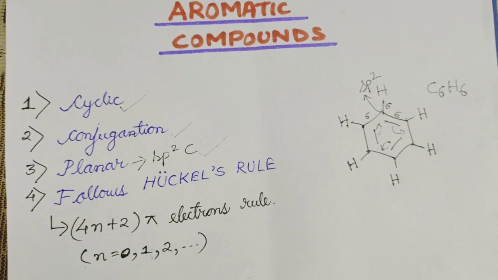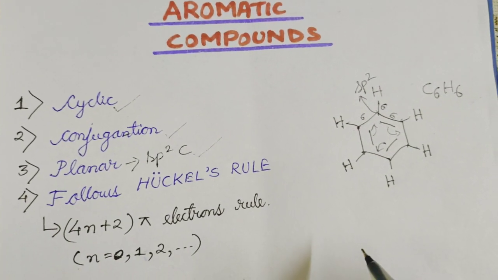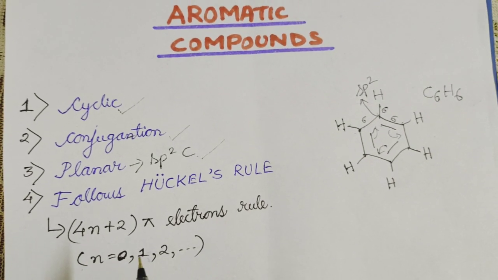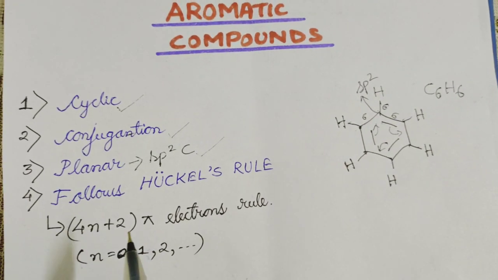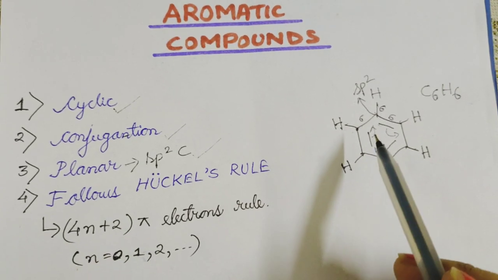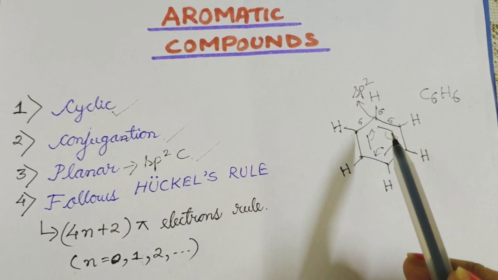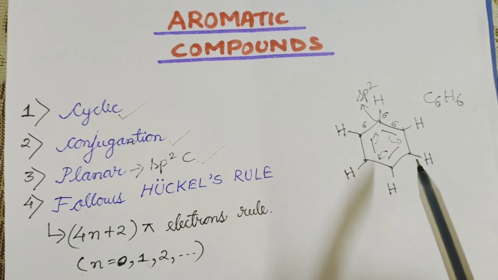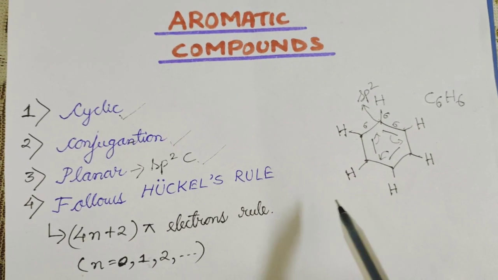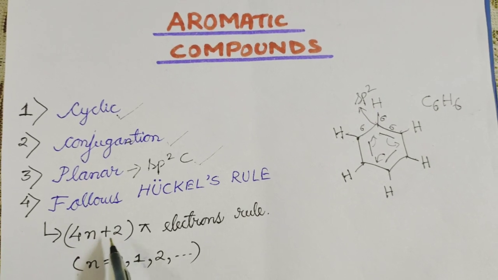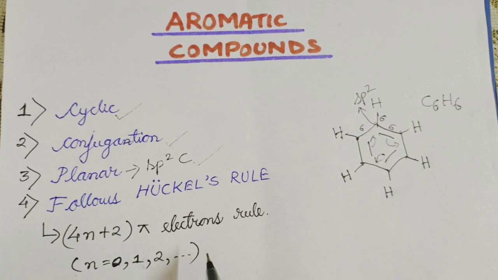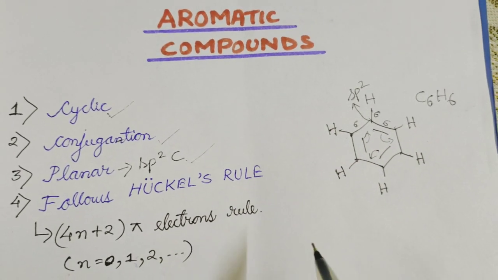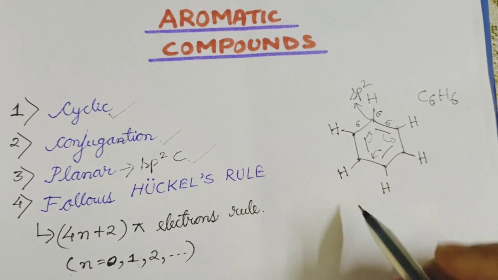Then the fourth criteria and the most important criteria, that is Huckel's rule. What does it say? That if the pi bonds involved in conjugation in a cyclic ring follow this 4n plus 2 pi electrons rule, then the molecule is following Huckel's rule. What do I mean by this?